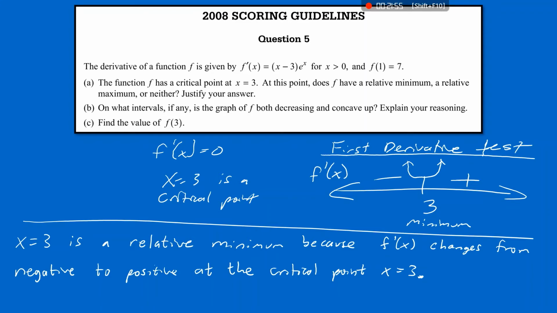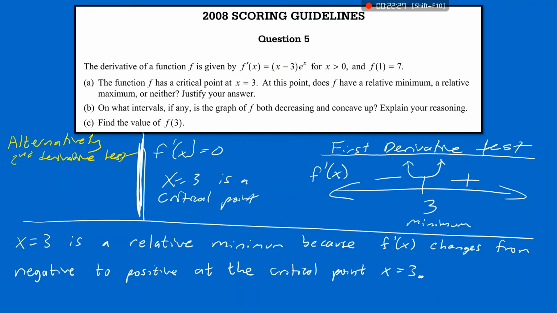The second derivative test. Okay, we could have done a second derivative test. So I'm going to write that somewhere up here, maybe. So this is, alternatively, the second derivative test would have been if I derive this again.